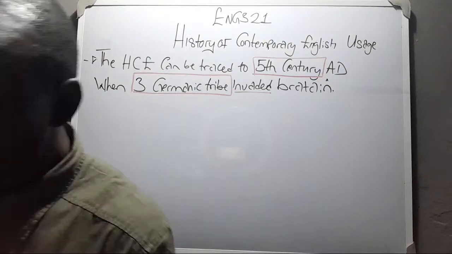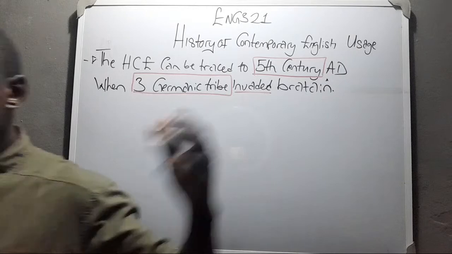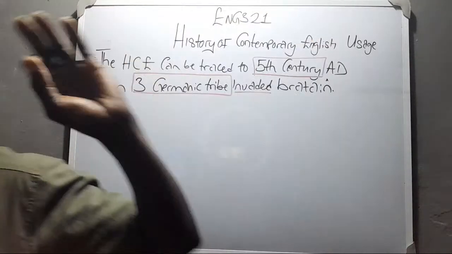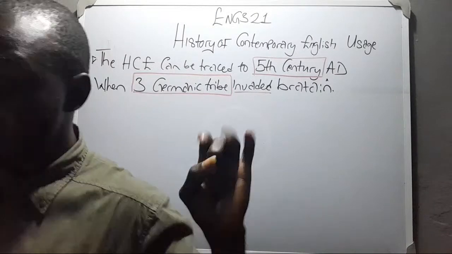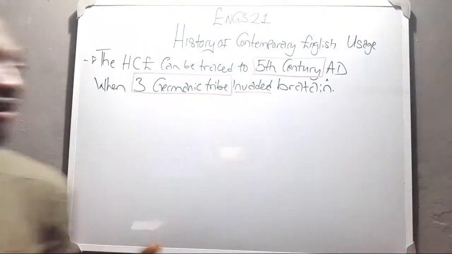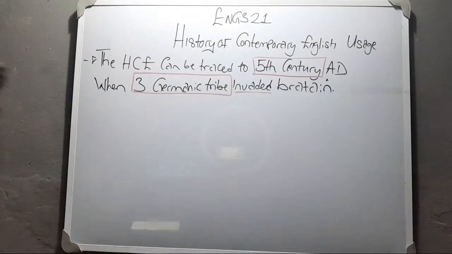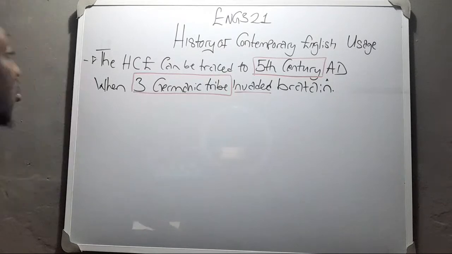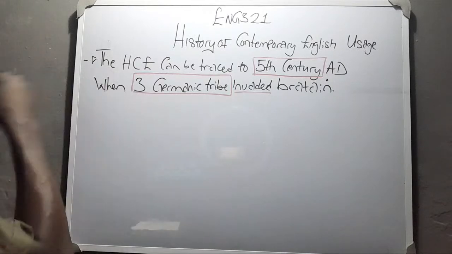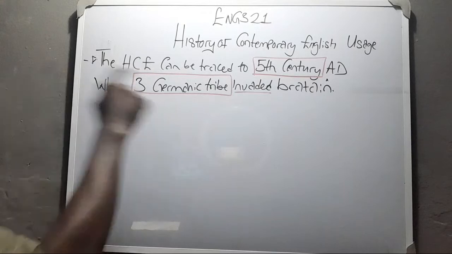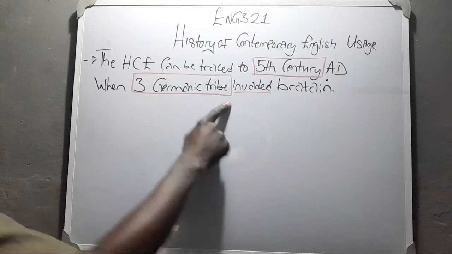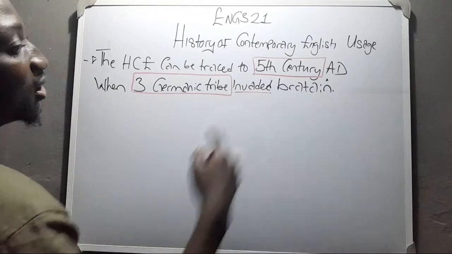Now, according to Marshall here, it says these three tribes are the Angles, the Saxons, and the Jutes. You see, we are heading somewhere. Now, the history of contemporary English can be traced to the 5th century AD when three Germanic tribes invaded Britain.